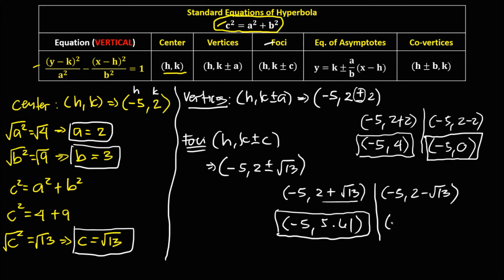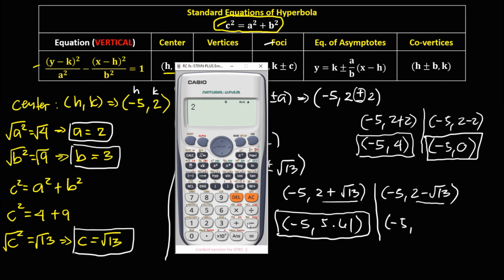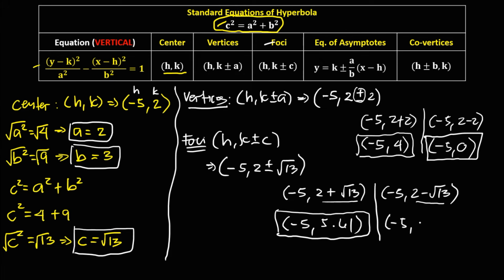Then the other one, negative 5 and 2 minus square root of 13. So that's negative 1.61. So these are now the coordinates of the foci.